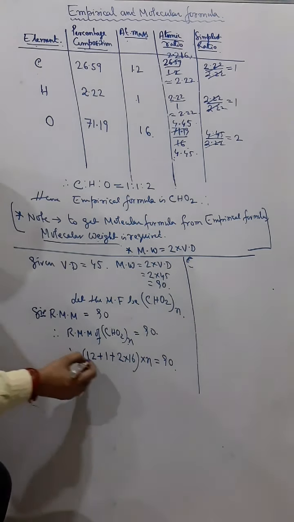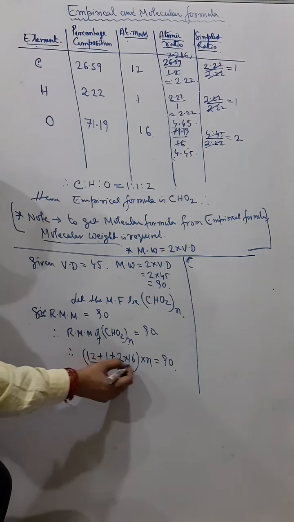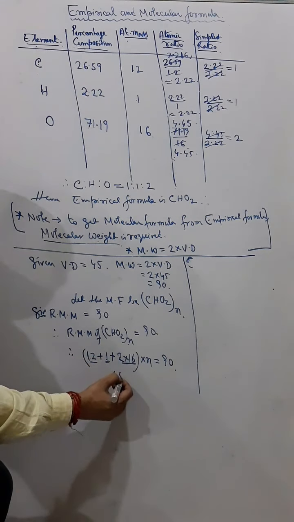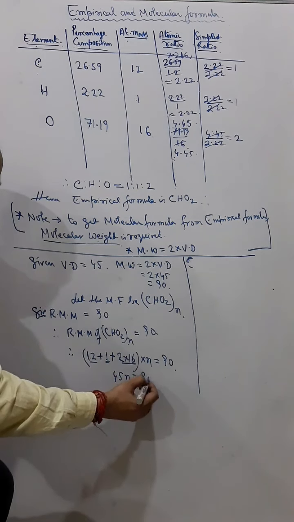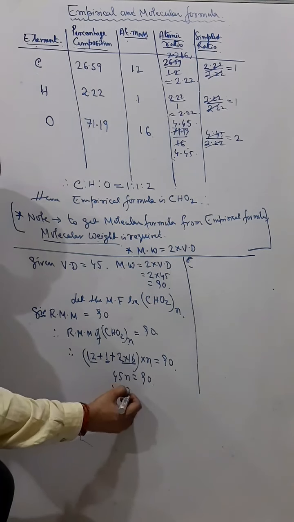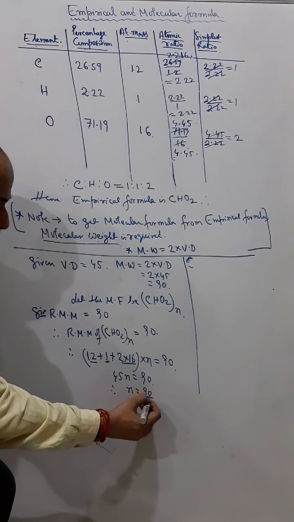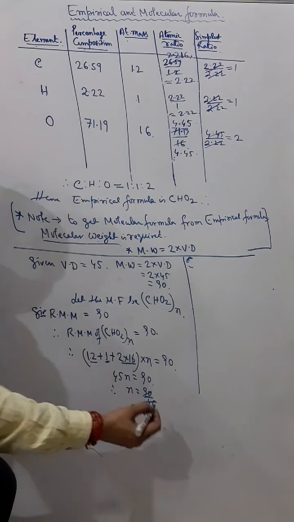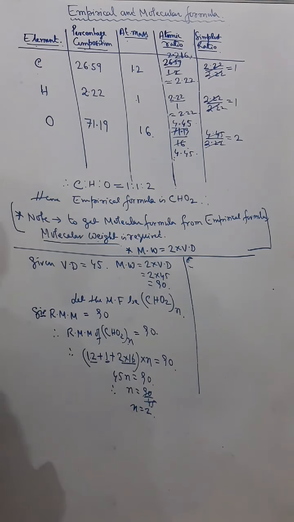Understand? Now you can see it is 12 plus 1, 13, and 16 into 2 is 32, so 45. We are getting 45N is equal to 90, and therefore N equals 90 by 45. So N is equal to 2. Understand?